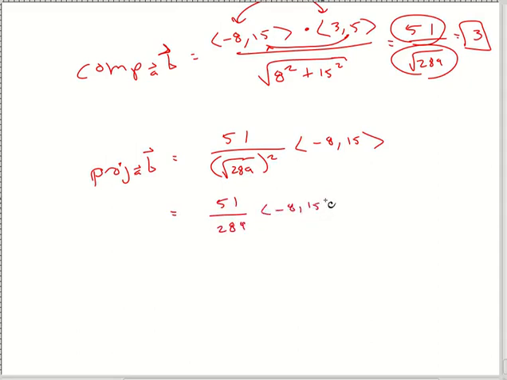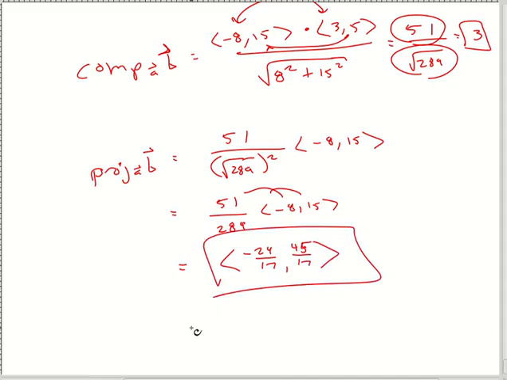So that was easy. That number in the front ends up being, I don't really know, but it doesn't matter. I distributed it in, and I used a calculator to help me a little bit. Negative 24 over 17, and then 45 over 17. And there you go. Okay, that was fun.